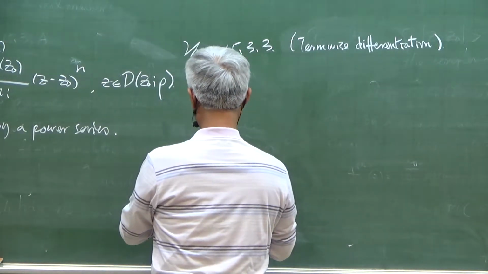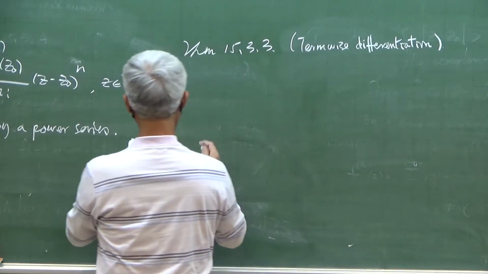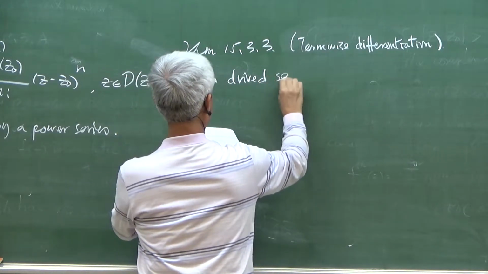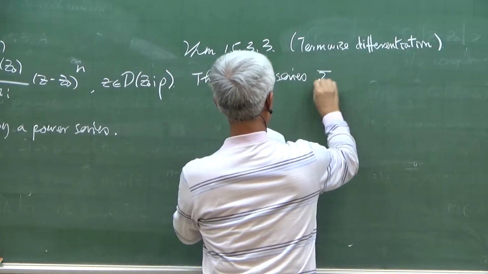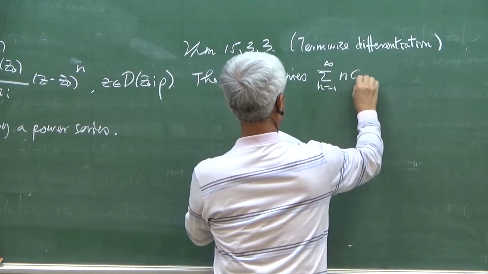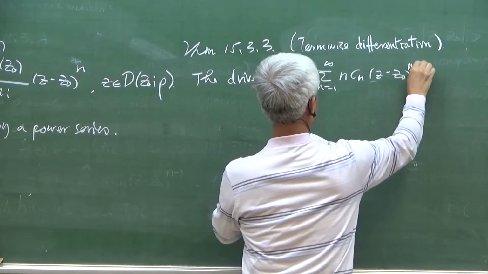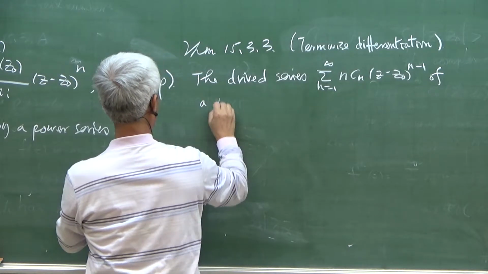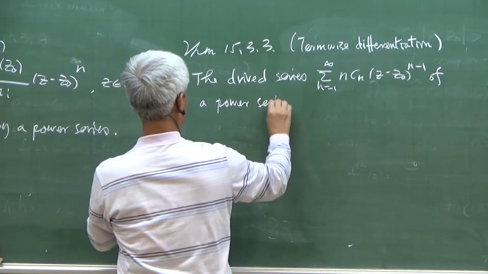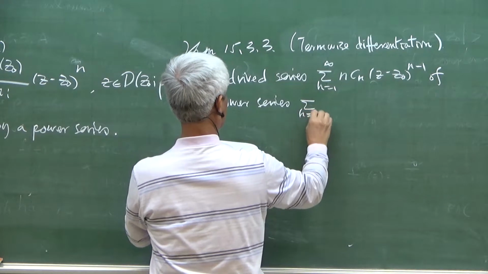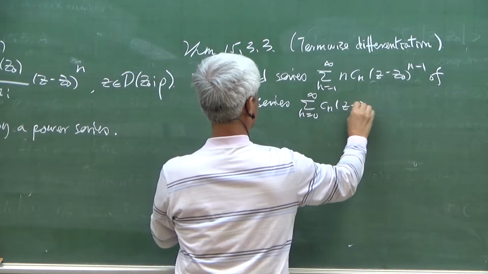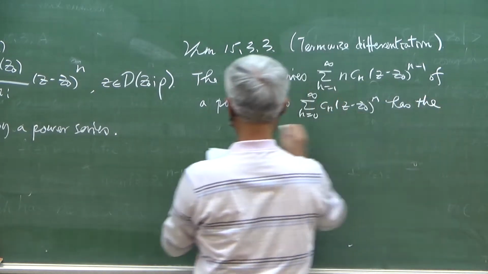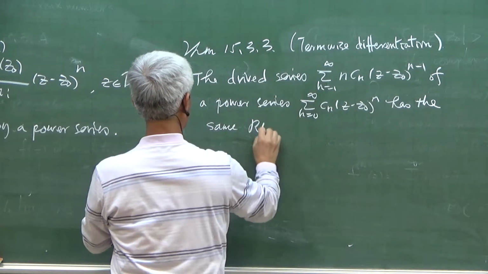The derived series of a power series has the same ROC.